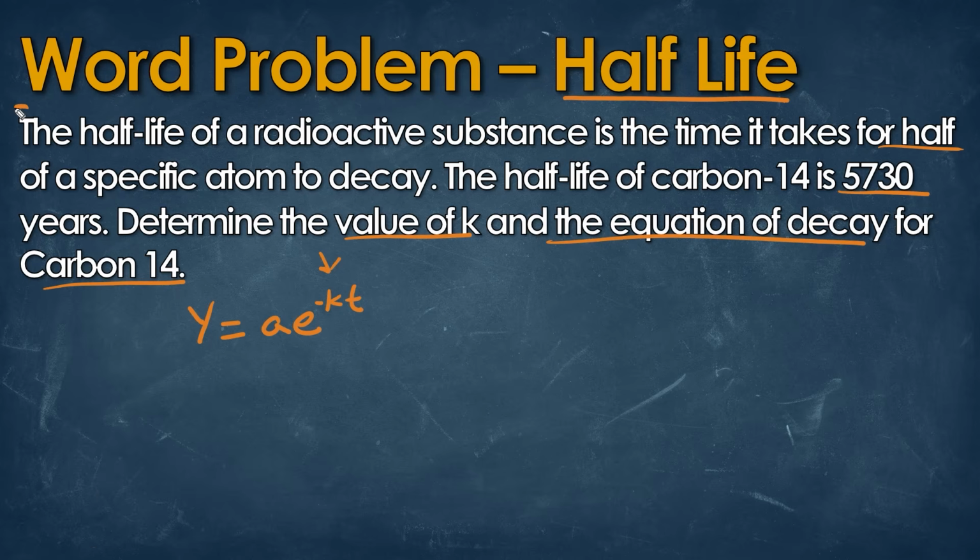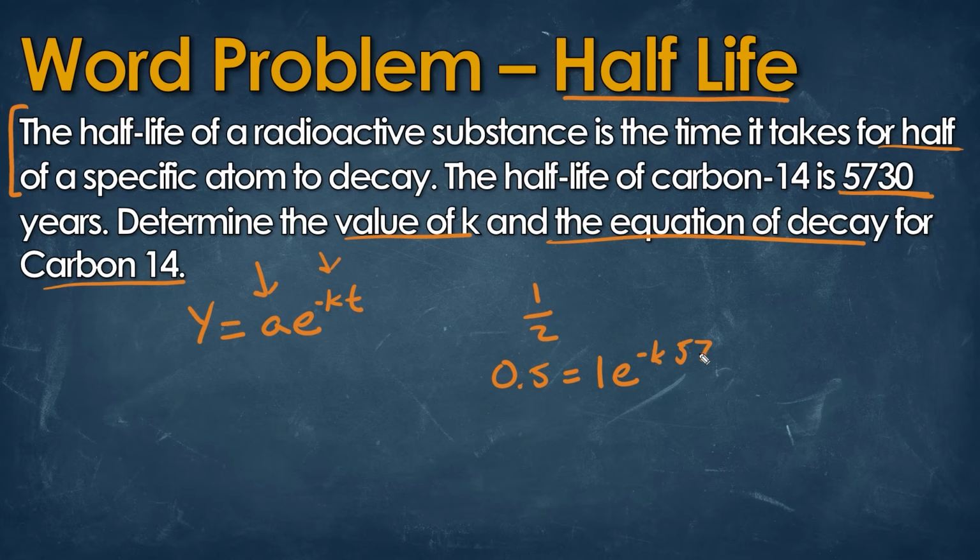So the first sentence actually gives us a way of how we would solve this. We know that half of a substance, 1/2, or we'll actually put down 0.5, is going to be equal to a, which actually stands for the initial amount, which we know would be 1 in this instance, times e raised to the negative k times t, which we know would be 5730.